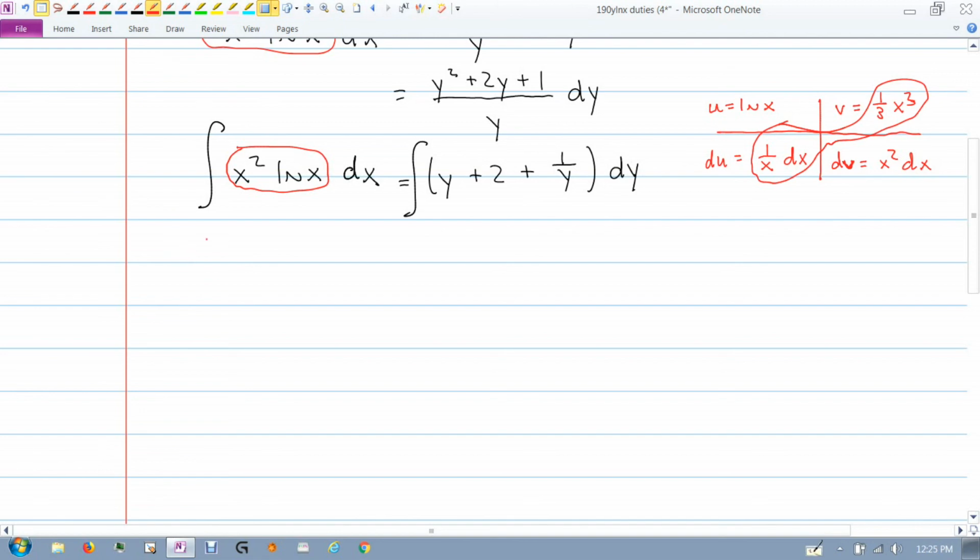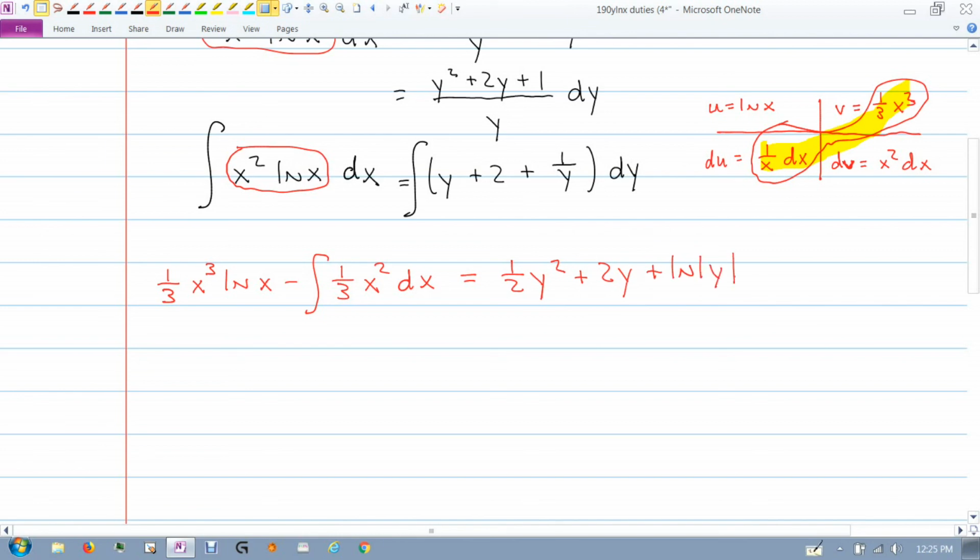Trusting that you've had enough experience with integration by parts, here's the formula: u times v minus integral, and like I said, I'm multiplying these two together. So that's going to give me a 1/3 x squared dx. Then equals, on the other side, the antiderivative, 1/2 y squared plus 2y plus natural log of y.